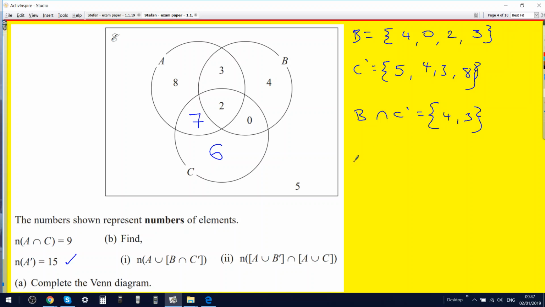Okay. And so it's A union that, and so what is going to be the whole thing? Or let's say, what is A? 8, 3, 7, 2. And then how about the total thing? 20.